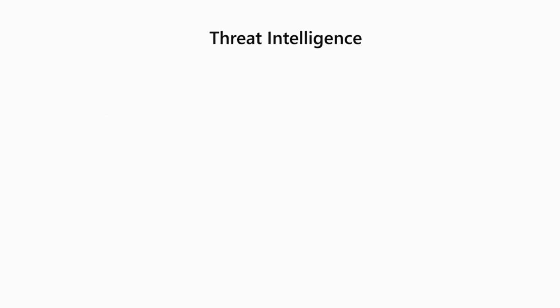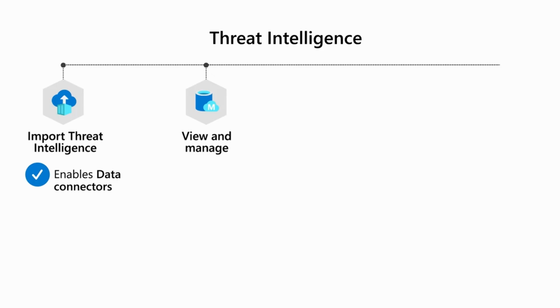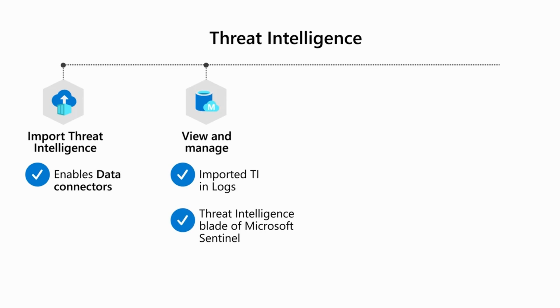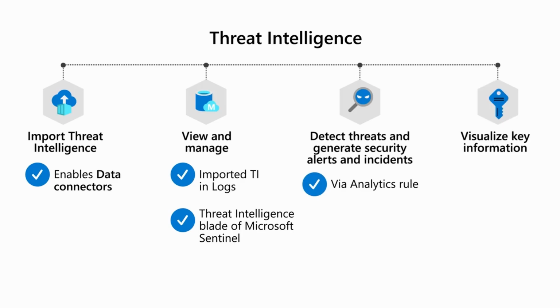Microsoft Sentinel helps integrate threat intelligence: import threat intelligence, or TI, into Microsoft Sentinel by enabling data connectors to various TI platforms and feeds, view and manage the imported threat intelligence in logs and in the threat intelligence blade of Microsoft Sentinel, detect threats and generate security alerts and incidents using the built-in analytics rule templates based on your imported threat intelligence, visualize key information about your imported threat intelligence in Microsoft Sentinel with the threat intelligence workbook.